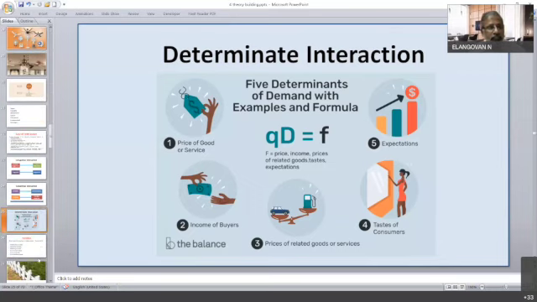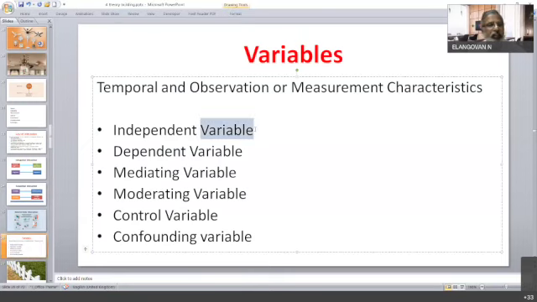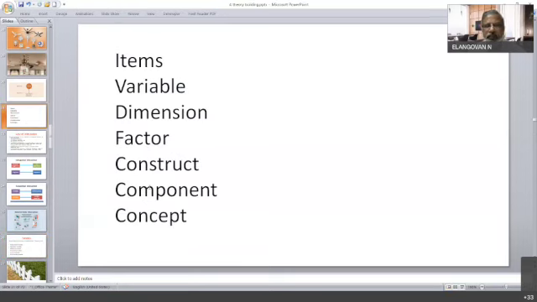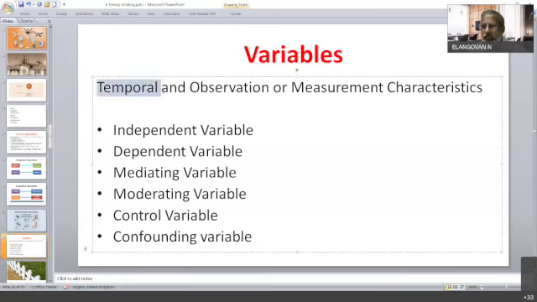Because of these relationships, the name of the variables changes. As I told you, we said variable. We saw what these are: item, variable, dimension, factor. Now, because of the relationship, the variable is identified in a different way. We call it temporal, that is time, or observation, when we observe, or the measurement characteristics.